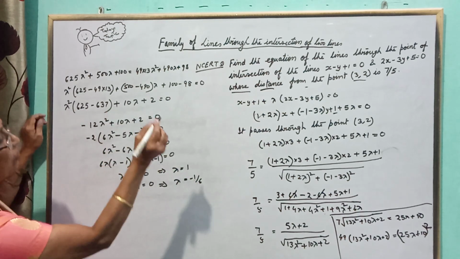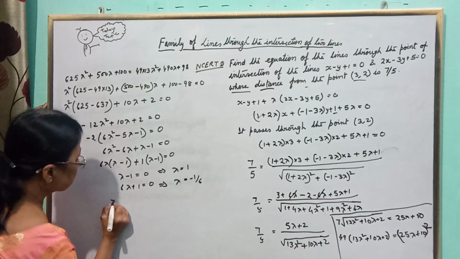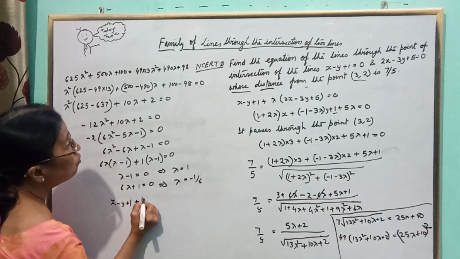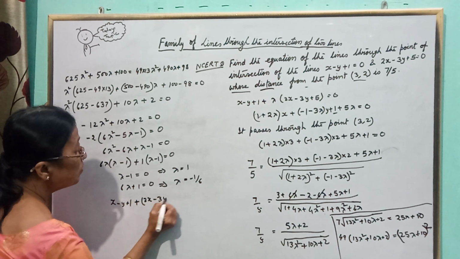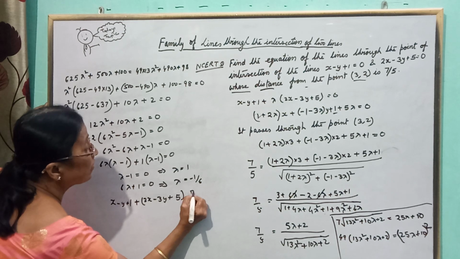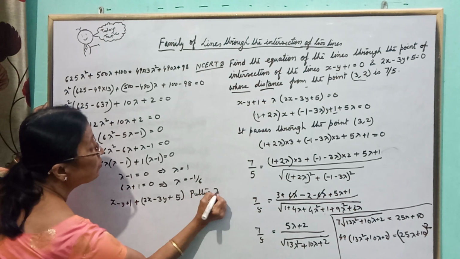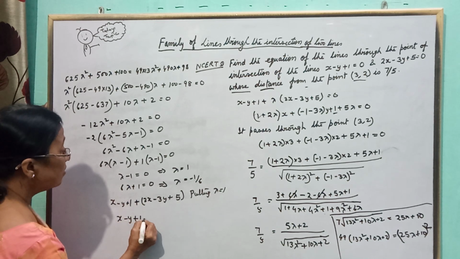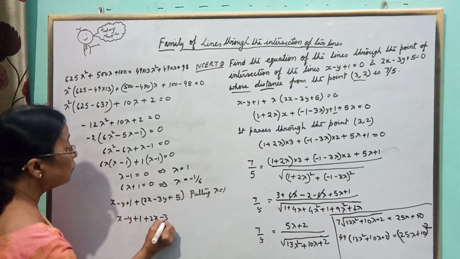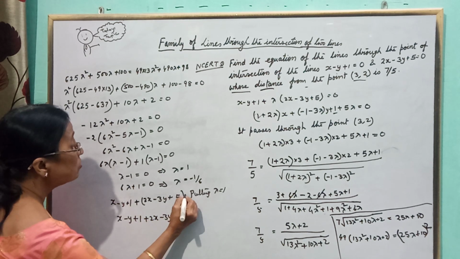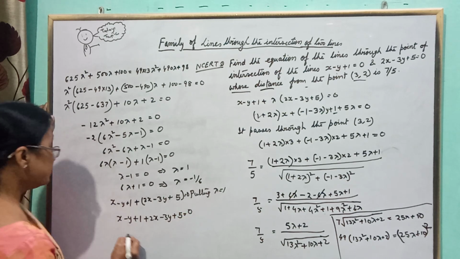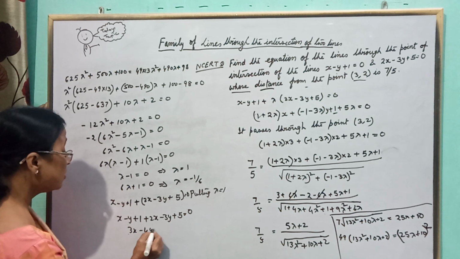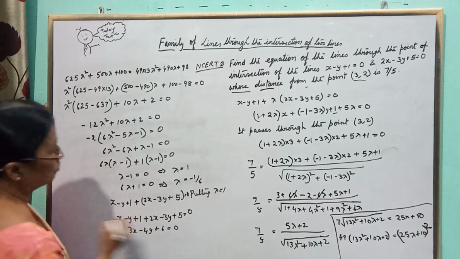Now you can put these in and you will get two equations. x minus y plus 1 plus lambda times (2x minus 3y plus 5), putting lambda equal to 1. So this is x minus y plus 1 plus 2x minus 3y plus 5 is equal to 0, so this is 3x minus 4y plus 6 is equal to 0. One equation.